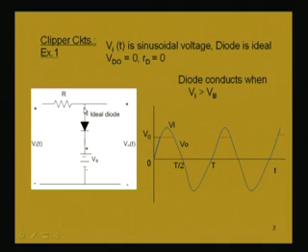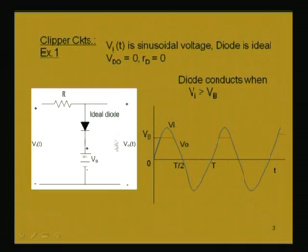That means we have a non-conducting diode for that portion of the input waveform. When Vi is less than VB, P is at a lower potential than N, so the diode does not conduct. It is like an open circuit.